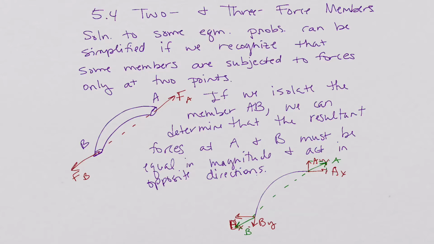And then the last thing I want to talk about are the three force members. If you do the moment equilibrium for this, what you find, I'll do a quick drawing. So we've got this beam, and we have three forces.